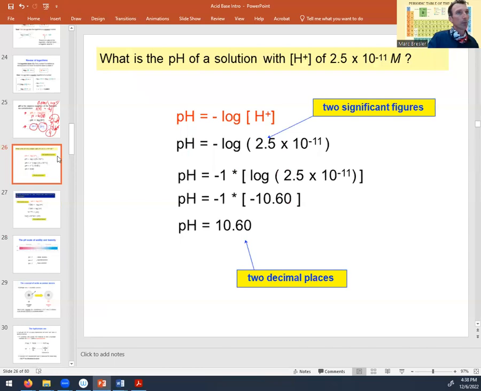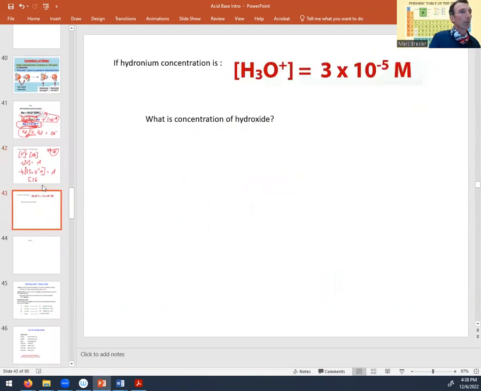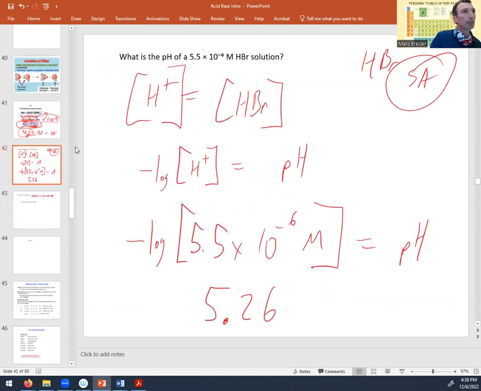So you can do significant figures for pH. And I mentioned it on these slides here, which I'll upload, but don't worry too much about it. It's basically the inside digits tell you how many decimal places to go. So for the problem we just looked at, that would be 2 digits past. So 5.26 will be the answer for this problem.